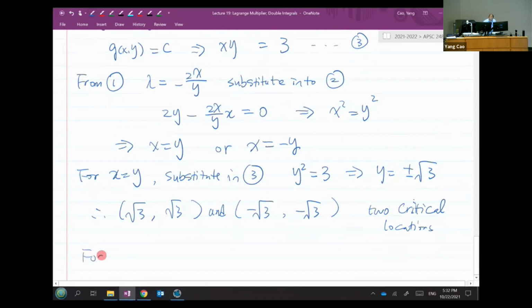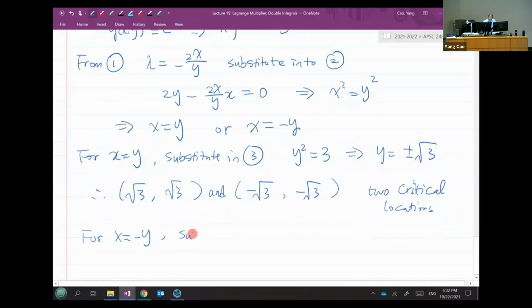And then let's take a look at the next case, when x equal to negative y. We'll do the same thing and substitute into equation 3. So what am I going to get? I get negative y squared equal to 3. Is that possible?